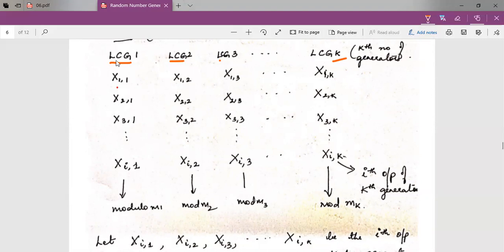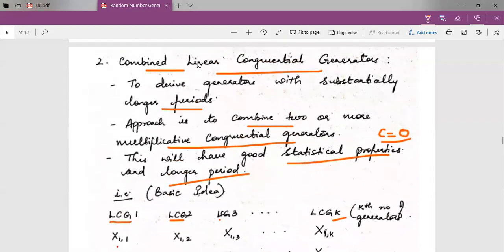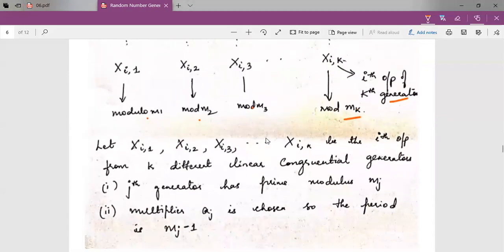For each linear congruential generator we have a modulus. This modulus value m1 is for the first generator, this is for the second generator, this is for the third generator, and this is for the kth generator. This is the ith output of your kth generator. So this is the general idea of the combined linear congruential generator.